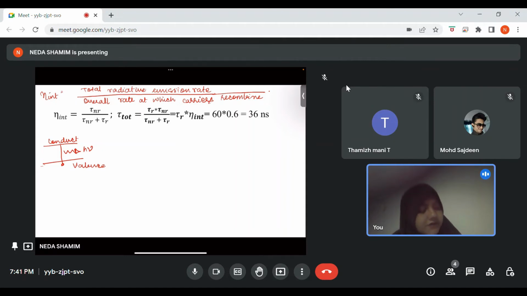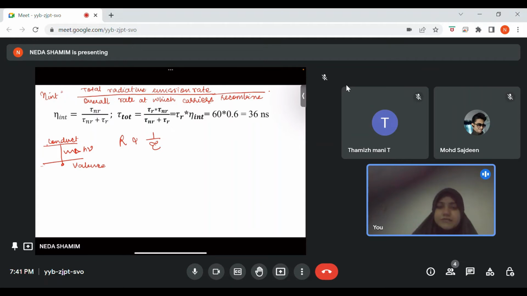This radiative emission rate will be inversely proportional to the lifetime. The lesser the lifetime, the more the radiative emission rate. The more the lifetime, the less the emission, because the electrons will stay in the conduction band for a longer time.